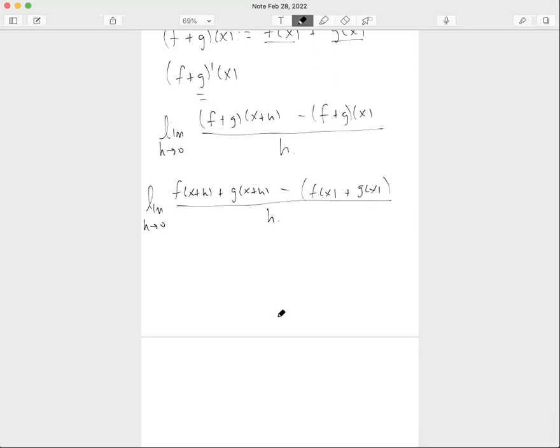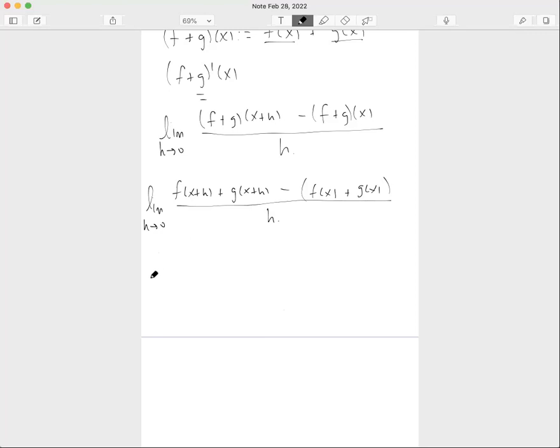So from here, can someone remind me what we did at the end of class? How could we arrange this into derivatives? We can break it apart.